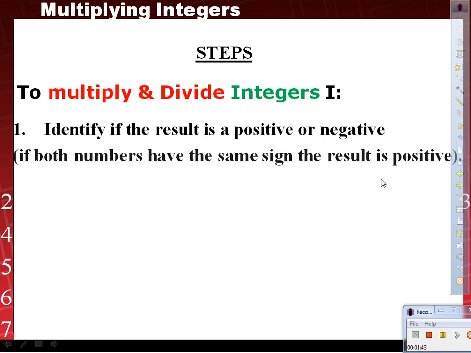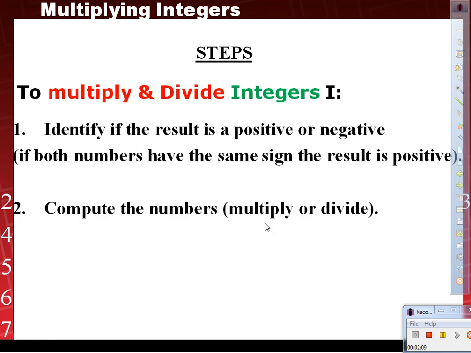So what if they don't have the same sign, everyone? Bam, Jason, let's go. That is correct. They're negative. Step number 2, then you do your computation, whether multiplication or division, and at the end, simplify. Copy that. I'll give you some time.